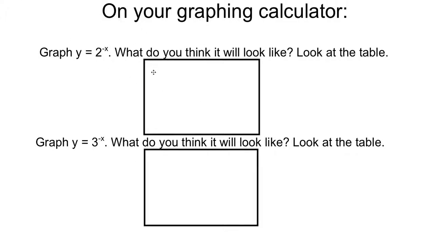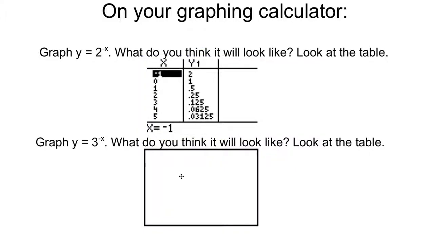What about with negative x values? Well, just like your exponent properties, these are going to decrease. So these are decimals, but hopefully we can recognize the fractions. This is 1, this is 1/2, this is 1/4, this is 1/8, this is 1/16, and this is 1/32.